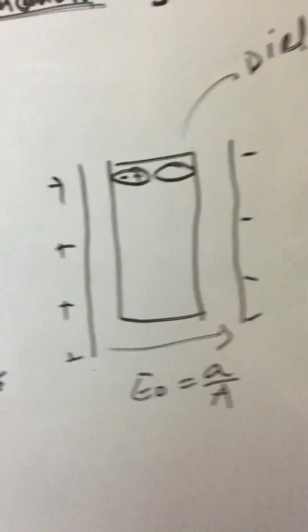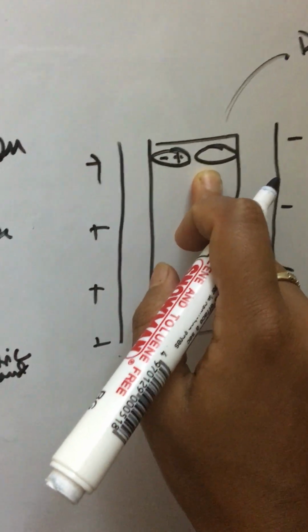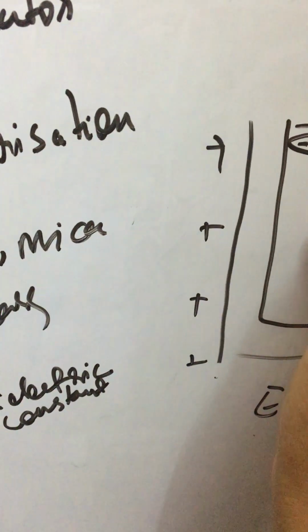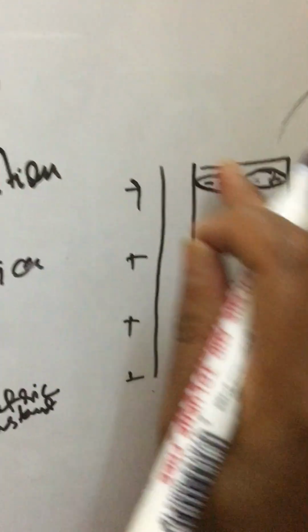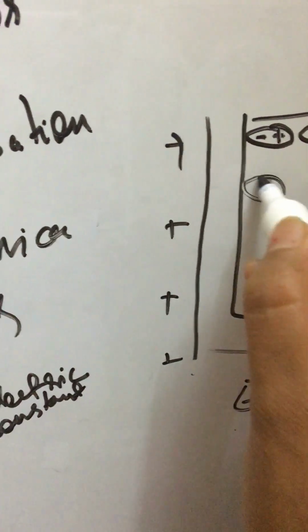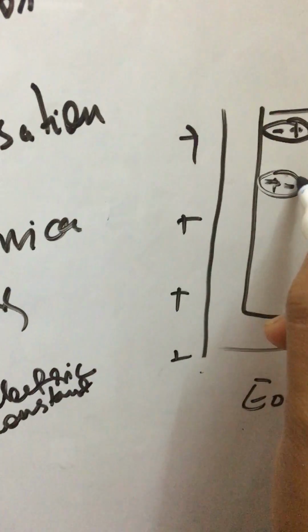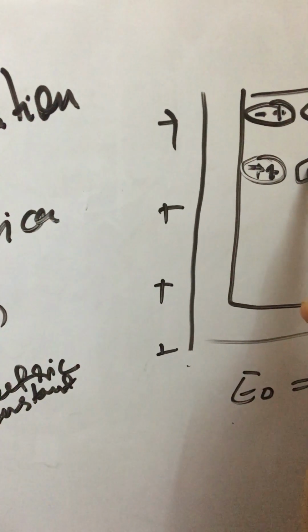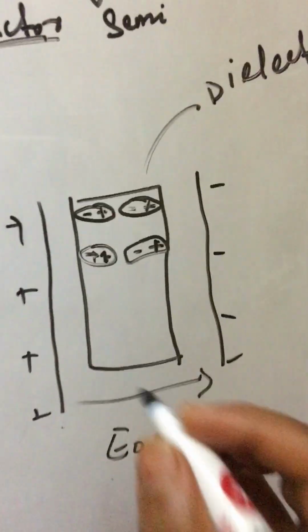This is not the case; they get slightly polarized only. So this side is negative and this side positive, right? I'm just showing two atoms or molecules, or whatever entity we are talking about here. This also gets slightly polarized. Polarized means this side has to be negative and this side positive, right?